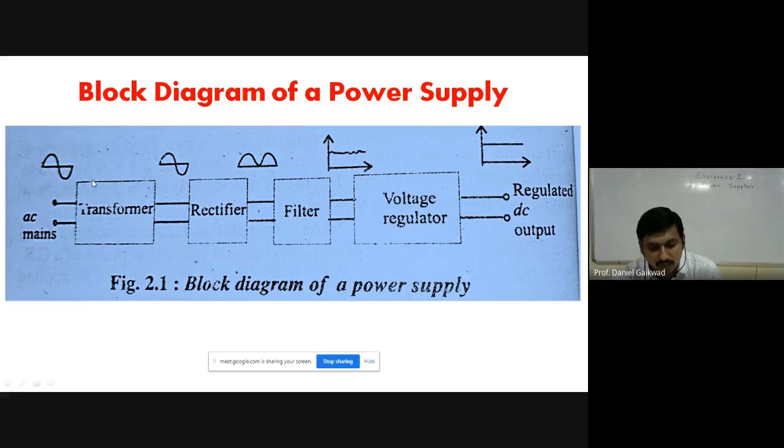Now that we have to reduce in amplitude with the help of the transformer. And then we have the conversion from AC, where the positive half cycle and negative half cycle convert into both half cycles positive, again positive half cycle. So we have the conversion of negative into positive. So AC is converted into DC with the help of the rectifier.